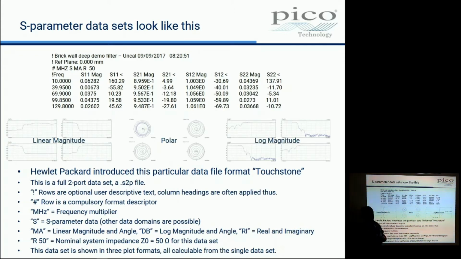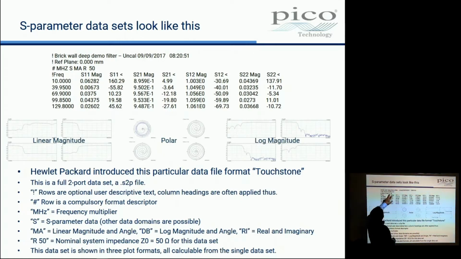MA, magnitude and angle. If you didn't have that line, which is not compulsory, that tells you that the data comes in the form of magnitude, angle, magnitude, angle. The other forms that you can get are dB, which is log magnitude and angle, or RI, real and imaginary.